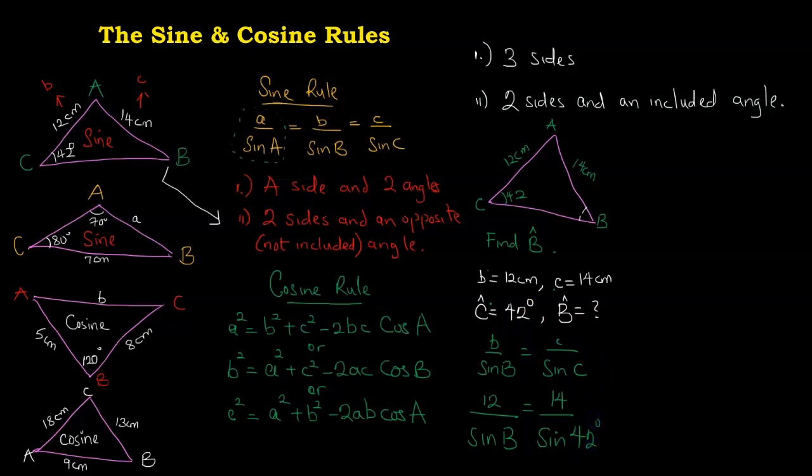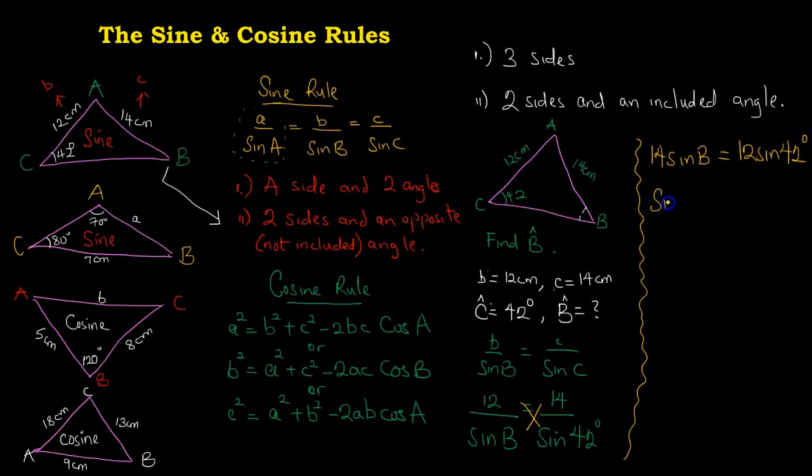Now I'm going to cross multiply. So if I cross multiply here, I'm going to have 14 sine B is equal to 12 sine 42 degrees.